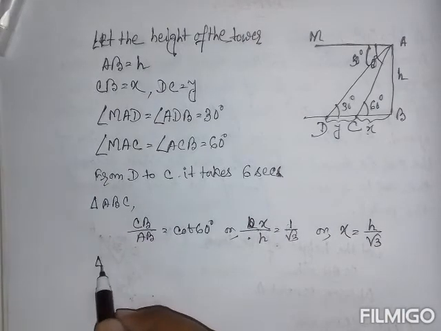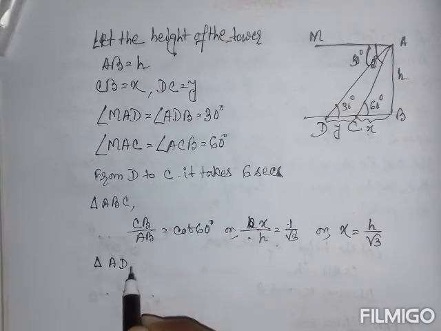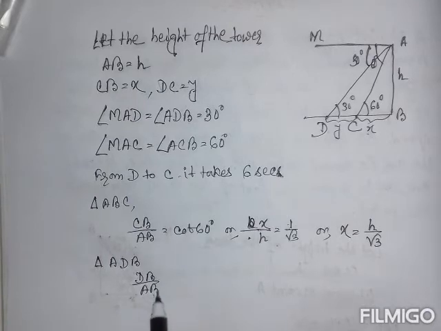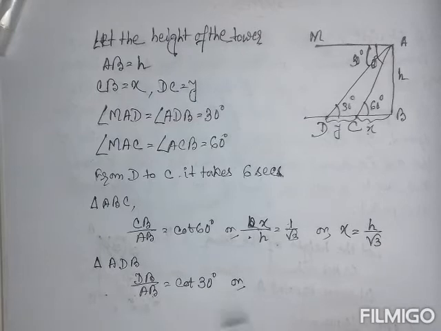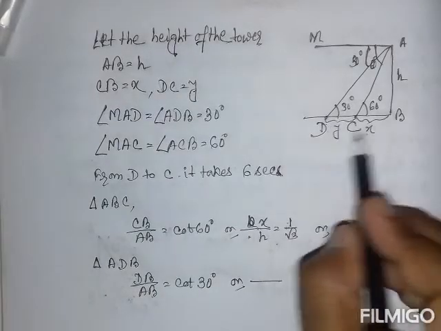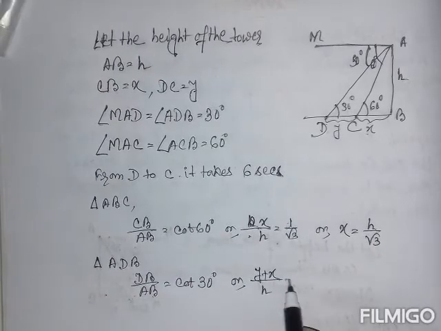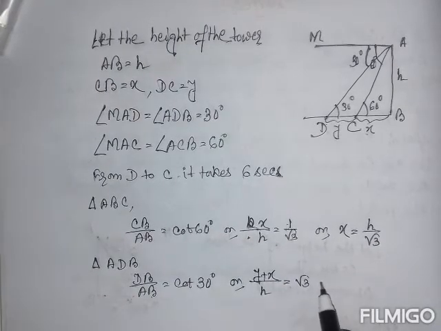Now from right angle triangle ADB we can tell that DB by AB is equal to cot 30 degree, or DB means Y plus X by H is equal to cot 30, which means root 3.